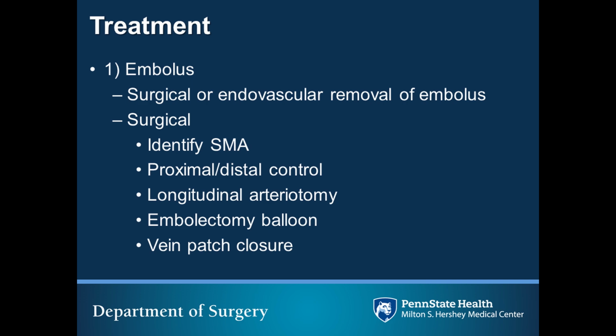Next, a longitudinal arteriotomy, or an incision into the artery, is made, and then an embolectomy balloon is eventually passed into the distal artery to try and remove the embolus. And once blood flow is restored, the arteriotomy is closed with a vein patch.